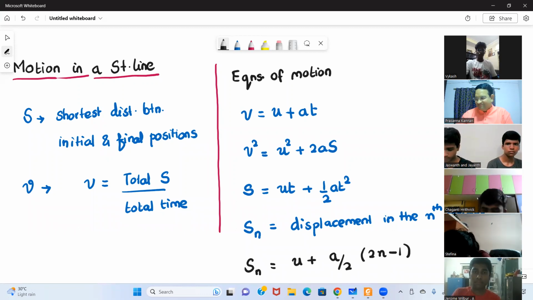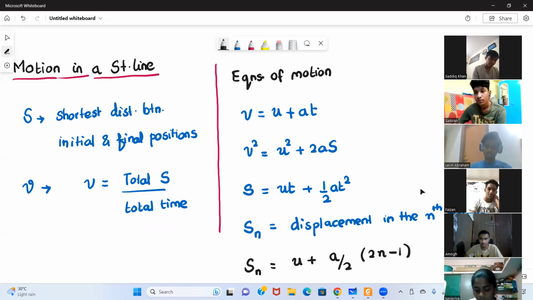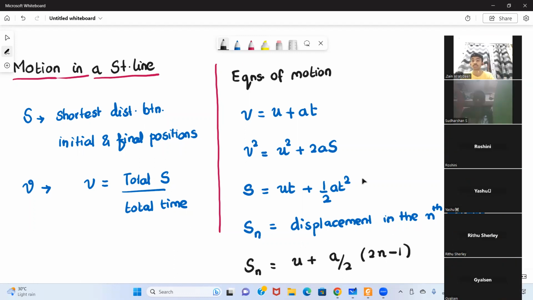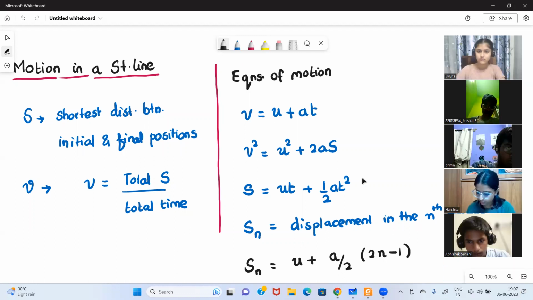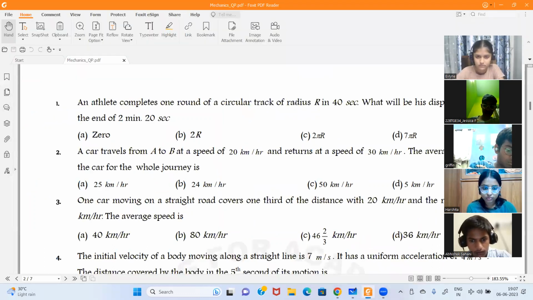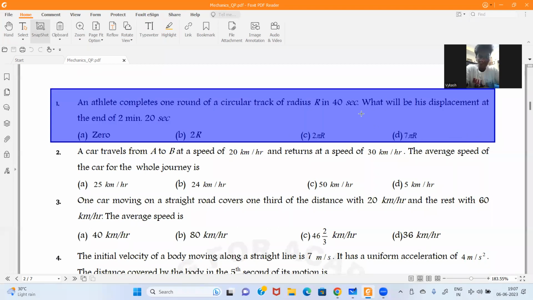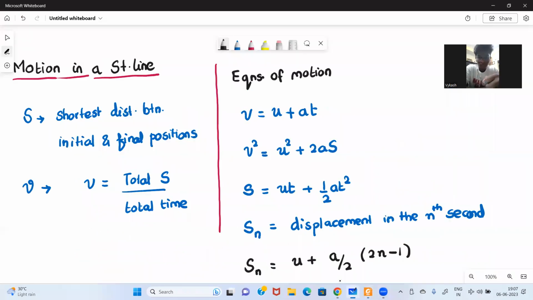So you'll get a feel for it. Are you able to see the questions? So let's take the first question in the worksheet today.